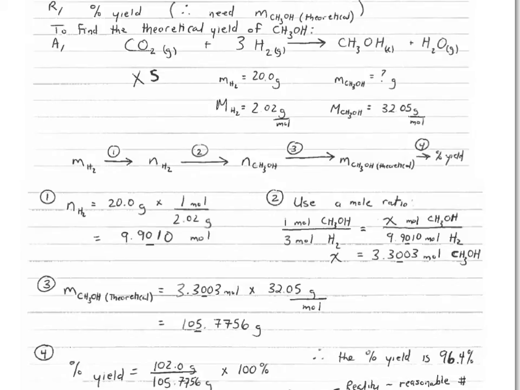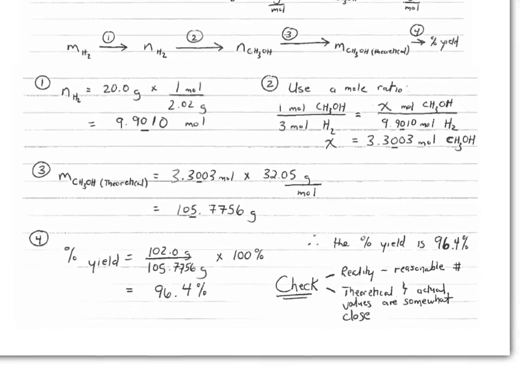Again, just note in steps 1 and 2, I have underlined the number that is the last significant digit in those values that I've calculated, but I'm carrying more digits through. Typically, I like to carry at least 4 decimal places, if not more, depending on the number of significant digits, but quite often 4 will get the job done. So we take the number of moles of methanol and multiply it by the molar mass of methanol to find the mass of methanol.